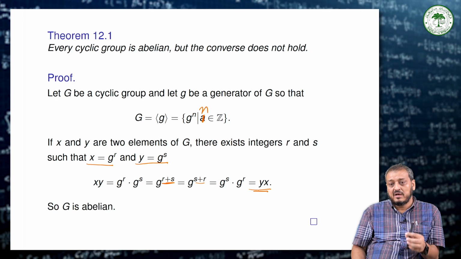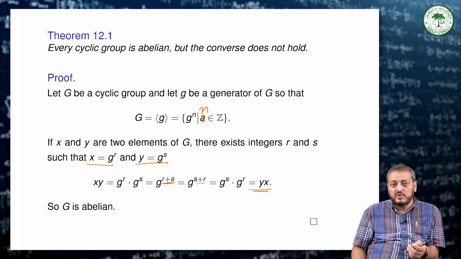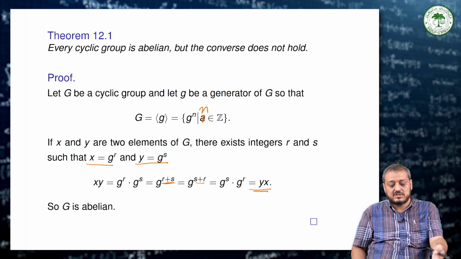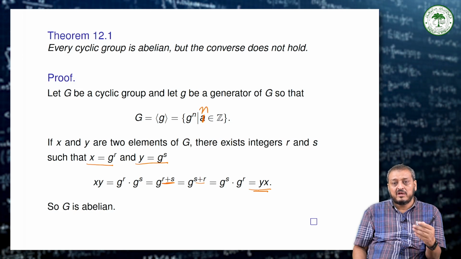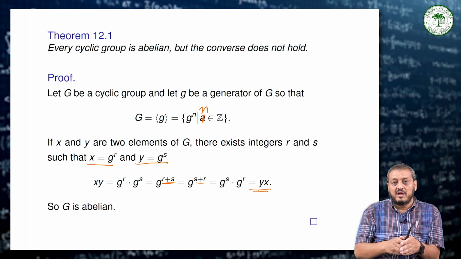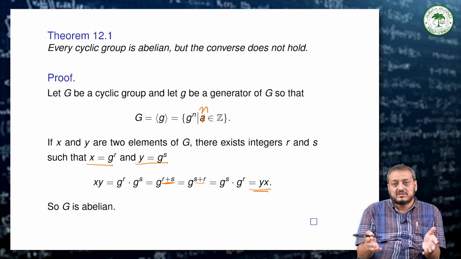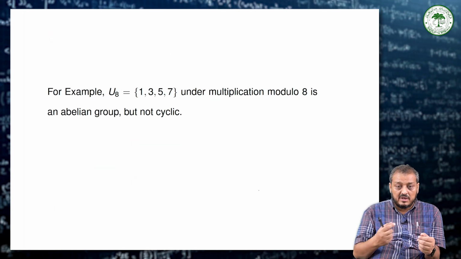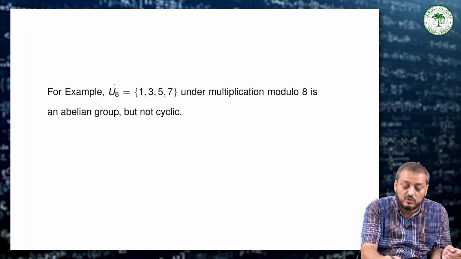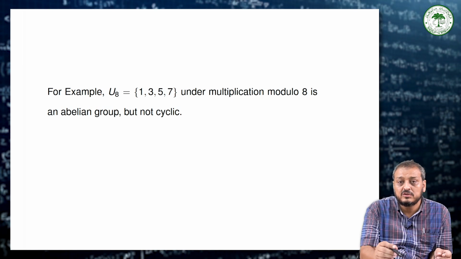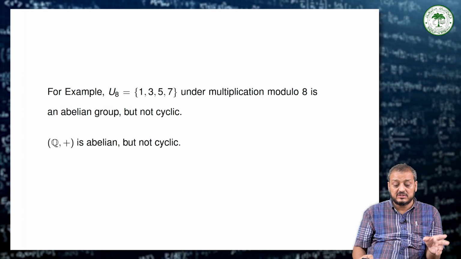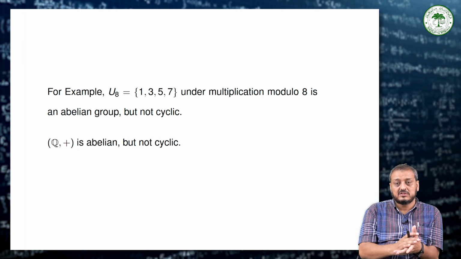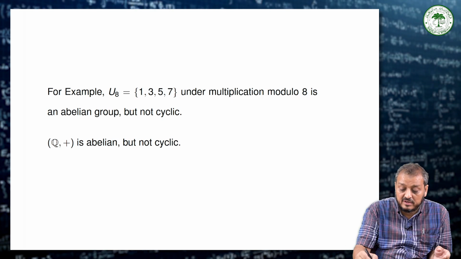Now we have to show that the converse is not true. We need an abelian group that is not cyclic. One example is the previous one: Q under addition is not cyclic, but Q under addition is an abelian group. We also showed previously that U8 is another example.